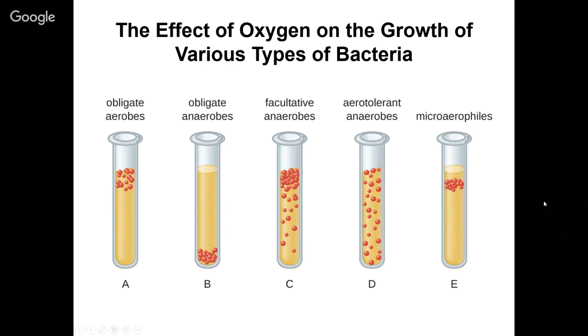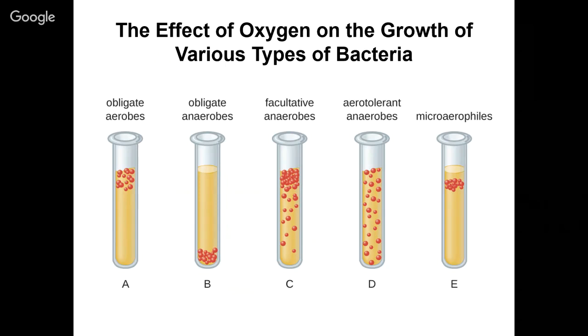Just walk through them first, and one, they need oxygen, so they're living close to the top. The second one, they don't need oxygen, so they're living at the very bottom away from it. The third one, they do better with oxygen than without, but it can do either.